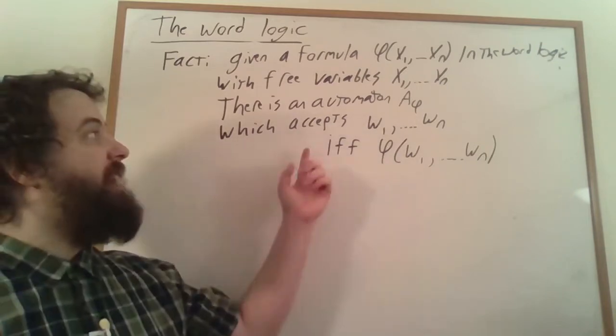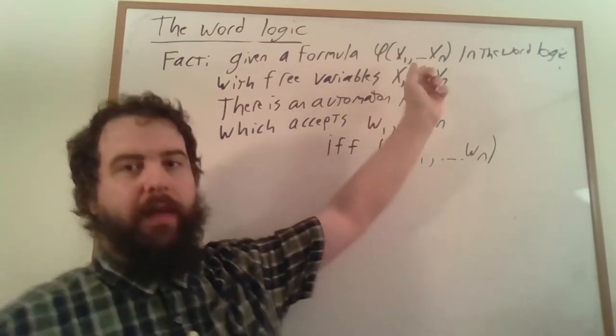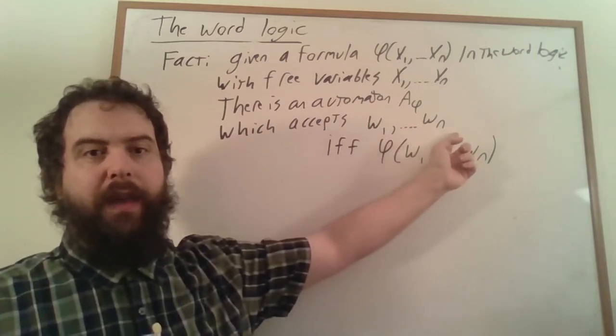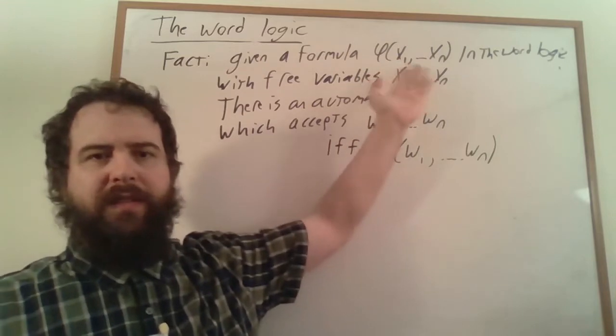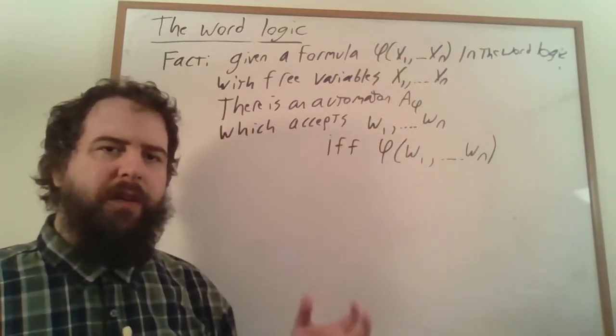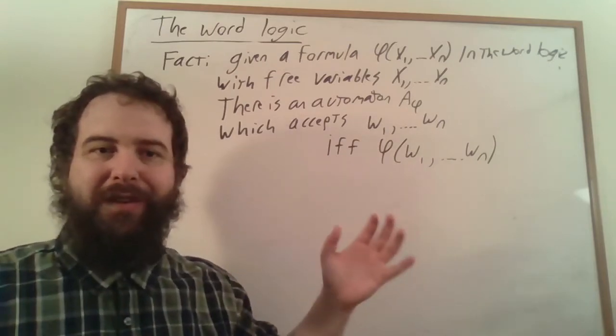We've already done something tricky where we've worked out how to deal with formulas that have multiple free variables in them. Normally we wouldn't have to deal with this. We could work with formulas that have only one free variable and say that they correspond to an automaton that only accepts one input, which most automata do.